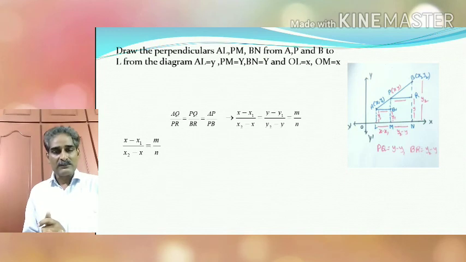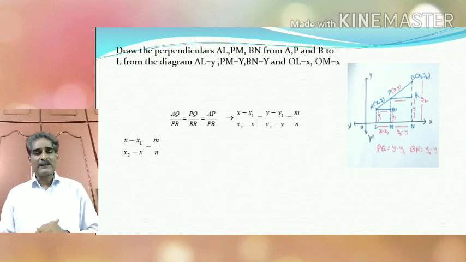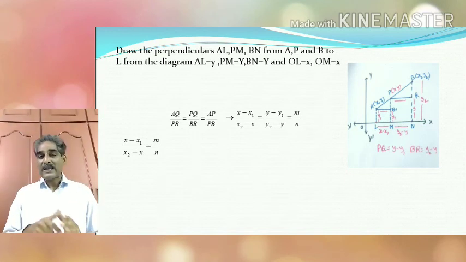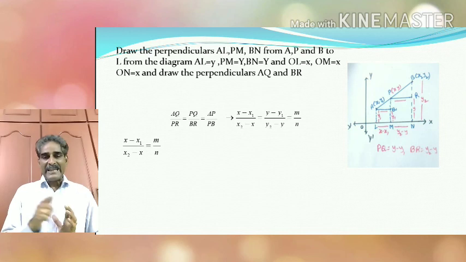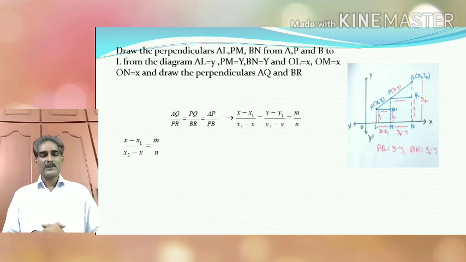Now observe that AL is nothing but y1, PM is nothing but y and BN is nothing but y2. Okay, now again draw the perpendiculars from A to PM and P to BN.